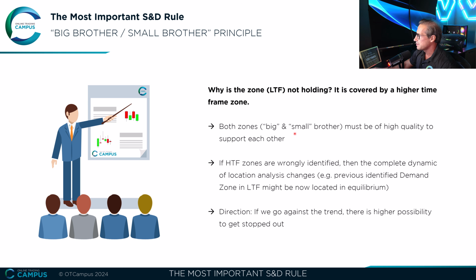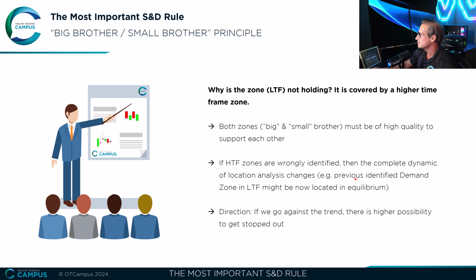But for now, conceptually speaking, if the big brother and the small brother are high quality, then you increase your odds as well. And if they are not high quality, obviously you decrease your odds. And if higher time frame zones are wrongly identified, and I usually see this with beginners, they think they mark the right zones, but they are not correctly identified, then the complete dynamic of location analysis changes, right?